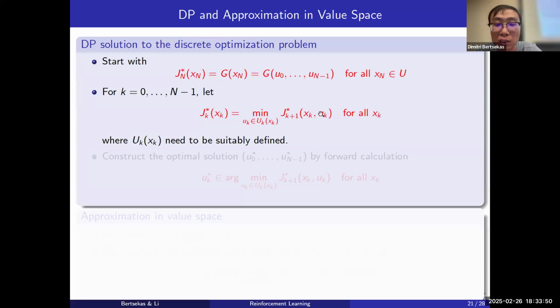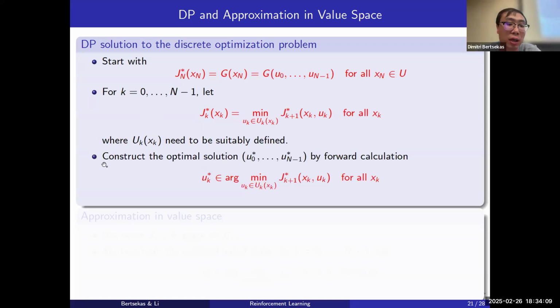So this itself is the system dynamics, and the control set Uk of xk needs to be suitably defined such that the entire thing has a feasible solution, a feasible u in the end. And we can then construct the optimal solution going forward, starting from the artificial state, and compute one component at a time using this formula.